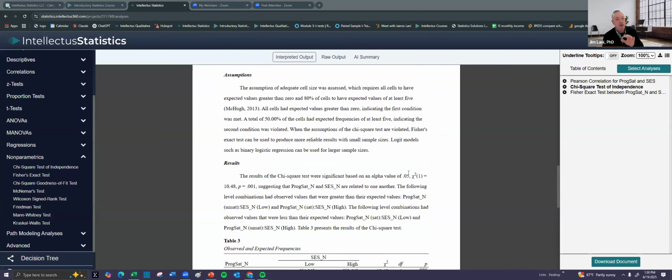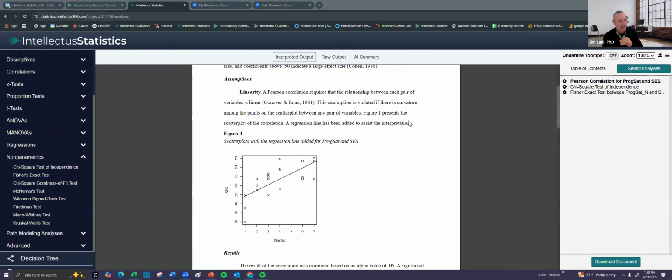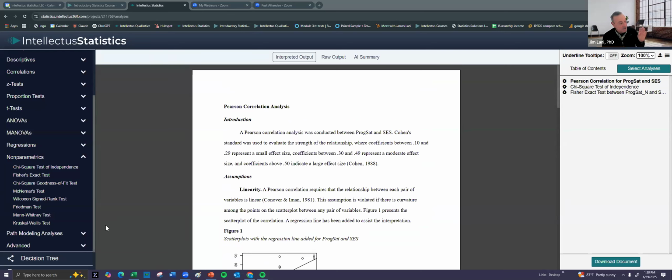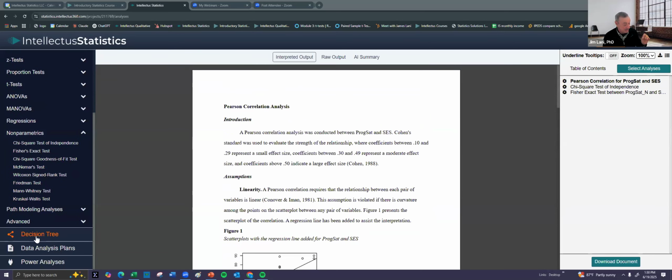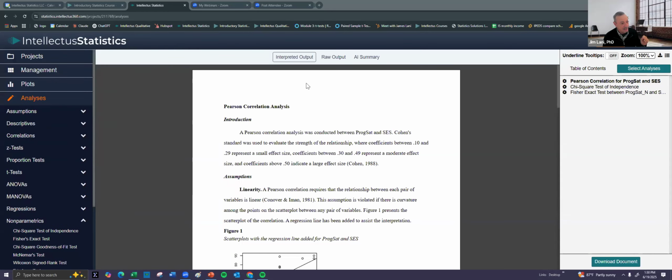I do want to put a quick plug-in for once you figure out what analysis and do your analyses, we do have an AI summary which kicks off a discussion section.